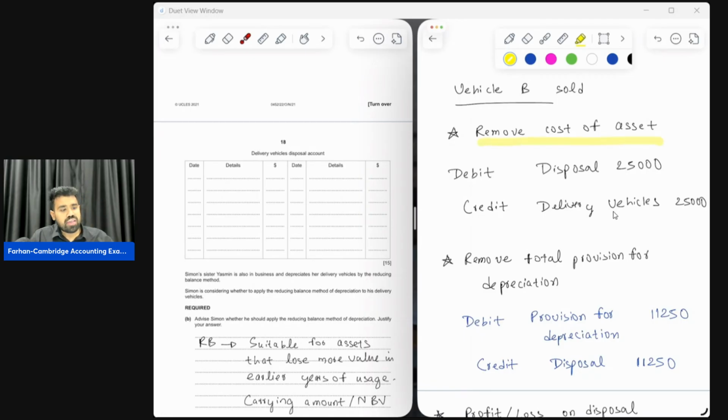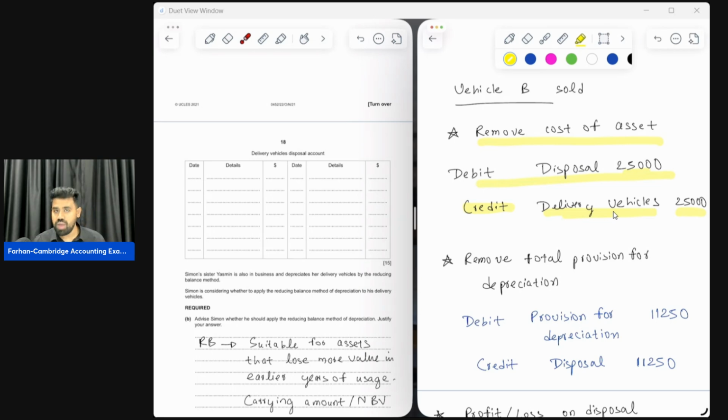We understand that when assets increase we debit them, but now that we have sold it, we have a decrease. So obviously we'll be crediting the delivery vehicles at cost account by 25,000. But the simultaneous, or corresponding, debit entry would be to transfer this through the disposal account of $25,000, which is the main reason behind why we are removing this cost in the first place.